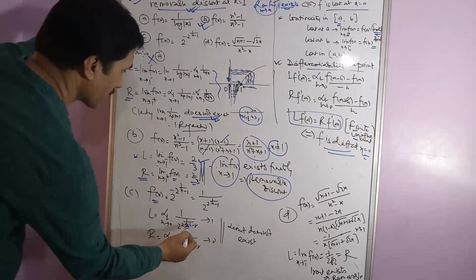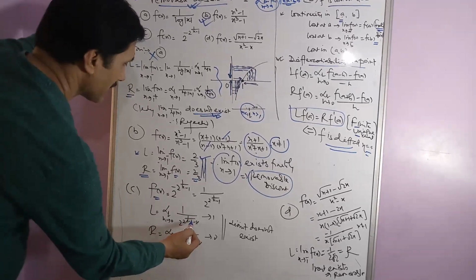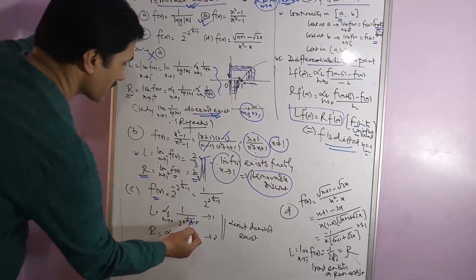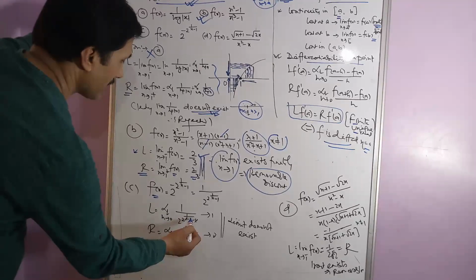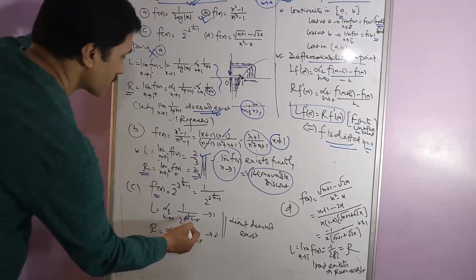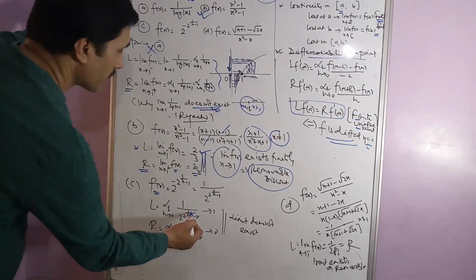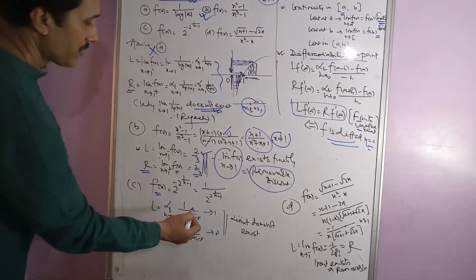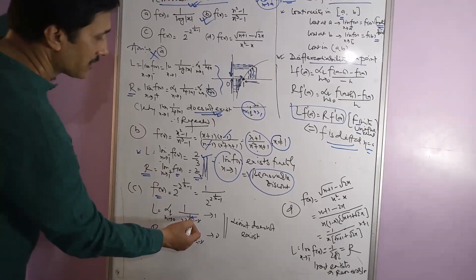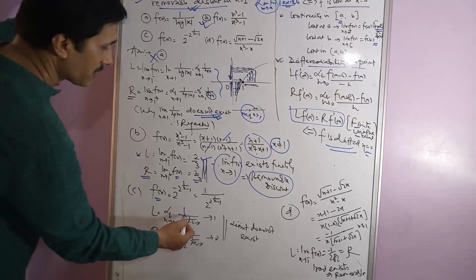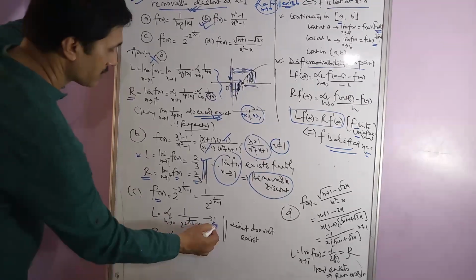Cancelling, 1 upon minus h, as h tends to 0, 1 by h tends to infinity, so minus 1 by h tends to minus infinity. So 2 to the power minus infinity is 1 upon 2 to the power infinity, 1 upon infinity, that is 0. So this becomes 1 upon 2 to the power 0, that is 1.